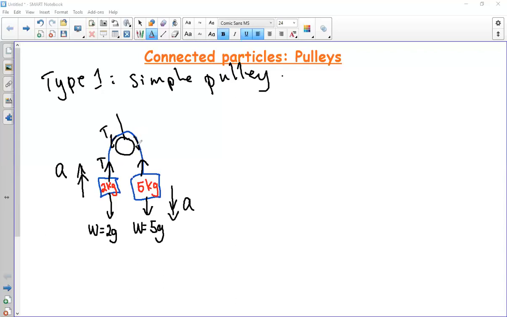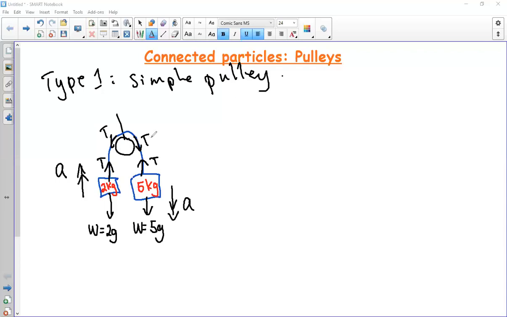So here there will be a tension pulling downwards on this box as well, and this tension will be T as well. You just need to remember, if it's the same piece of string, the tension in the string will have to be the same. So you can use the same letter T to represent all the tension.